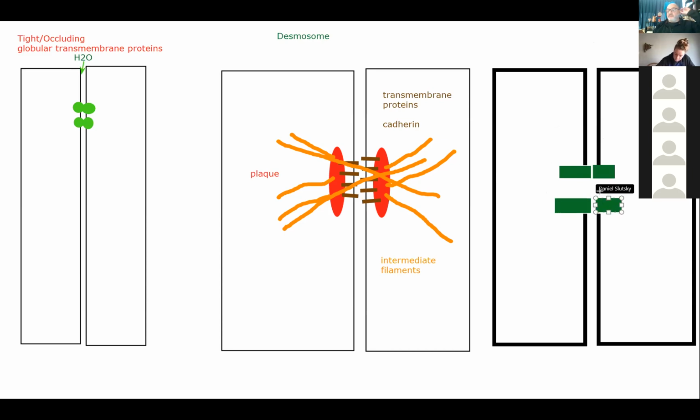And these proteins are called connexons. So here we see 4 connexons working together. But as we saw from the previous picture, they basically form a fluid-filled channel between the cells.